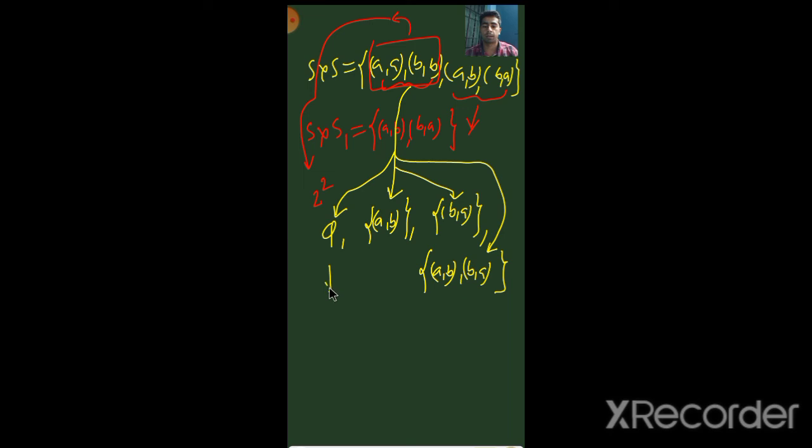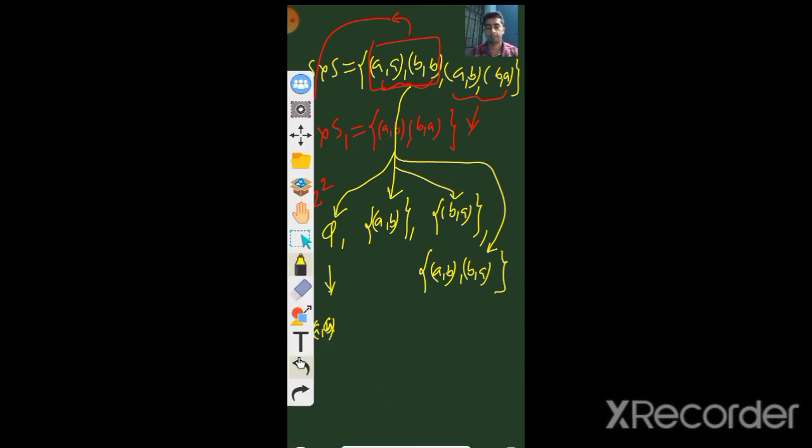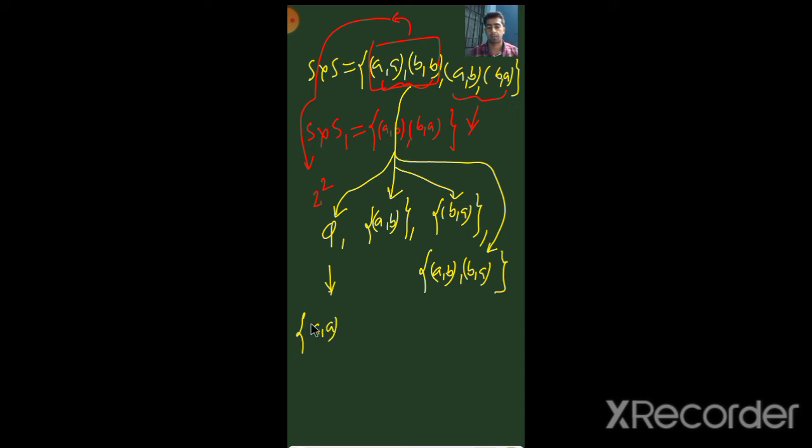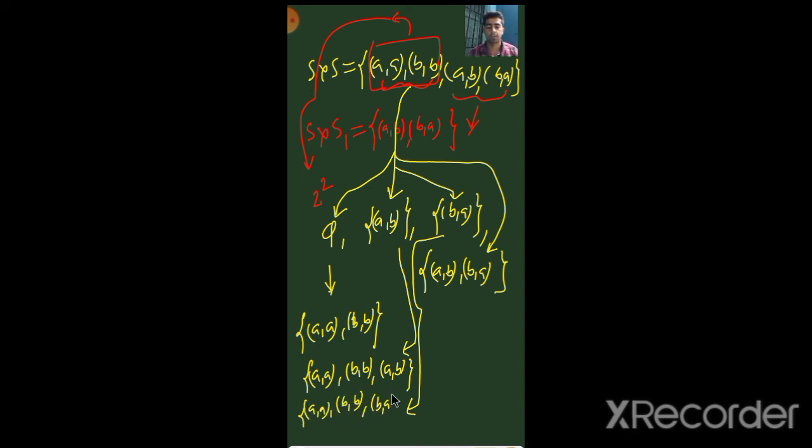That is, it will be {(A, A), (B, B)}, {(A, A), (B, B), (A, B)}, {(A, A), (B, B), (B, A)}, and {(A, A), (B, B), (A, B), (B, A)}.